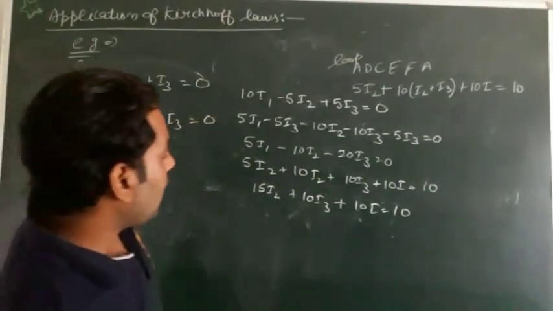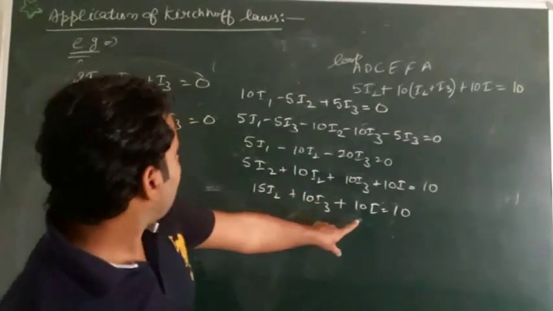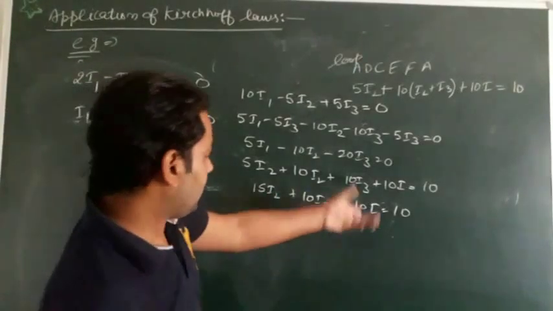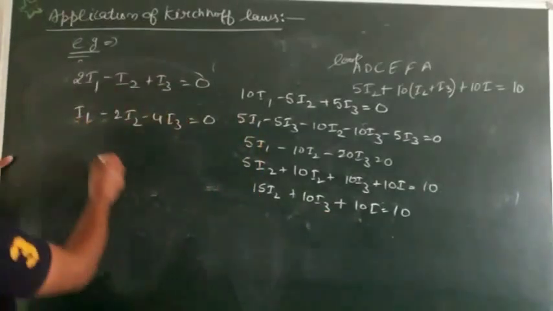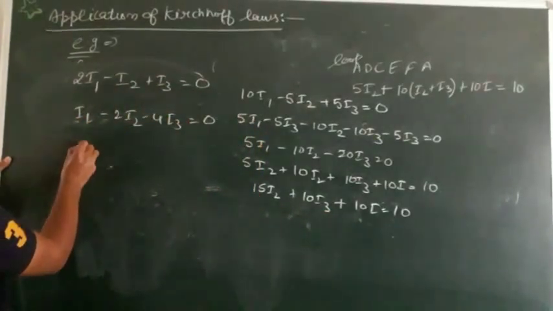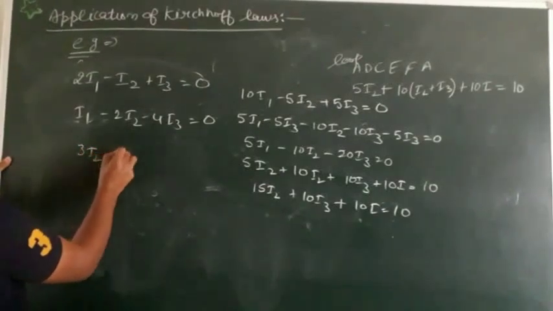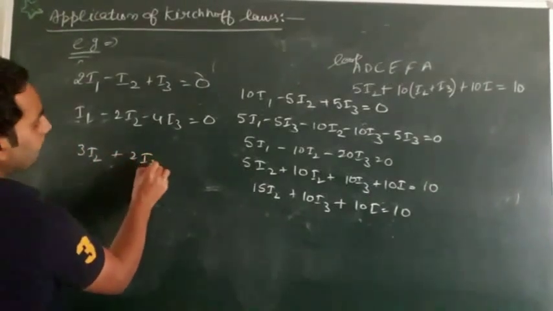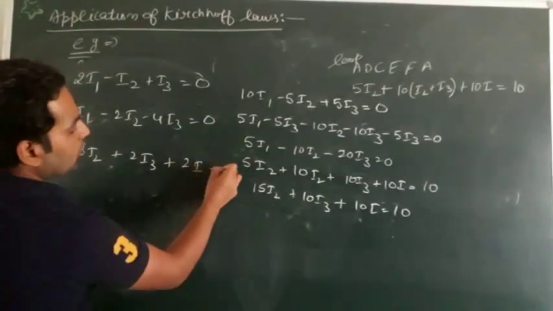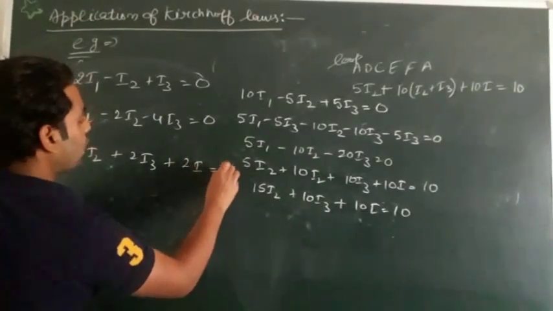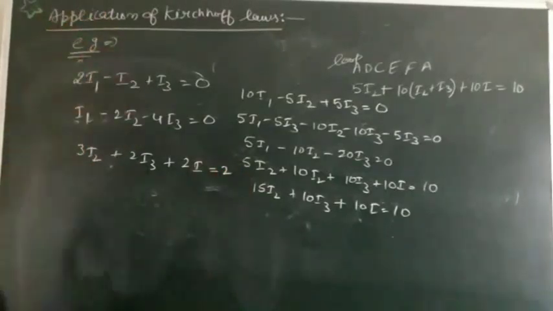Clear? And from this equation, again take 5 common. Here it comes out to be 3I2 plus 2I3 plus 2I is equal to 2. So these are your three equations.